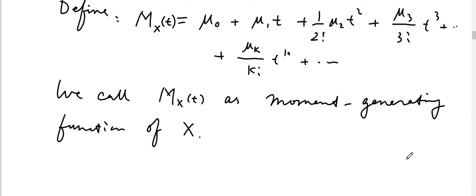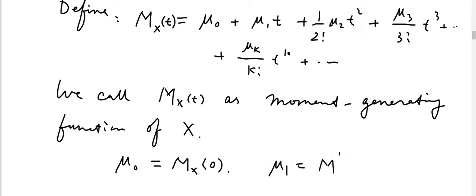So let's say we have this. What is this moment mu0? Mu0 is just equal to, we let t equal 0, right? And what is mu1? Mu1 is just the first derivative, then let t be 0. Mu2 is the second derivative, and we don't need to divide by 2 factorial here.